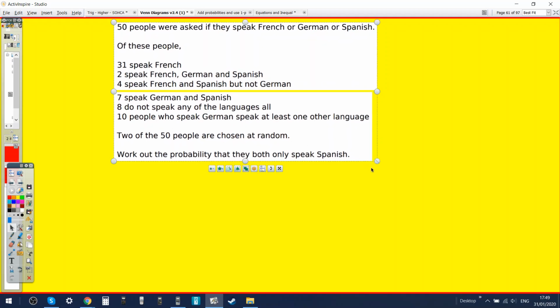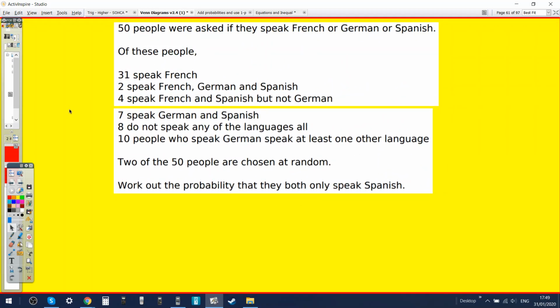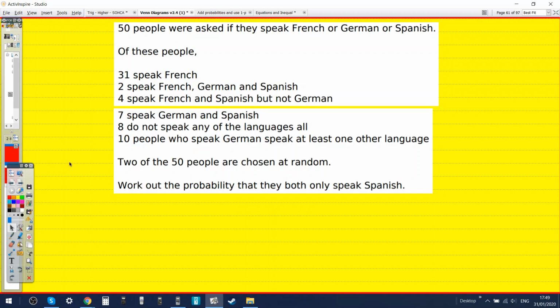Okay, how do we deal with this? So 3 Venn diagrams overlapping. Mm-hmm.